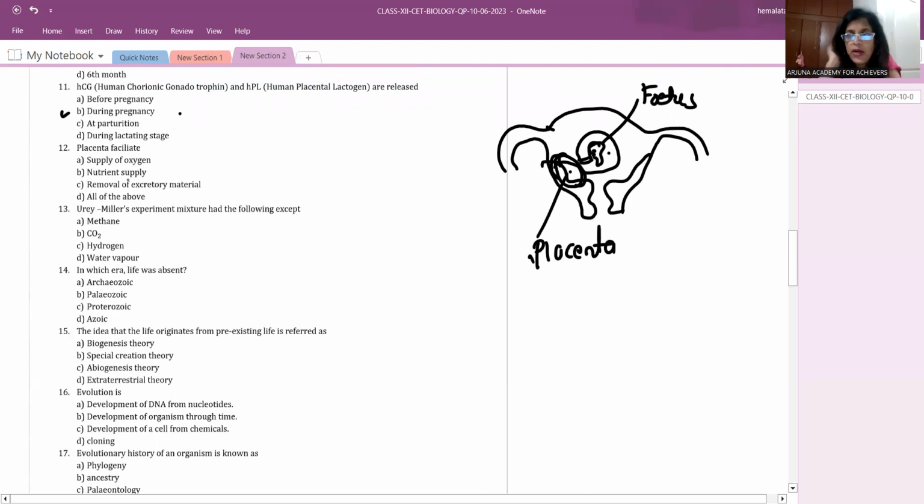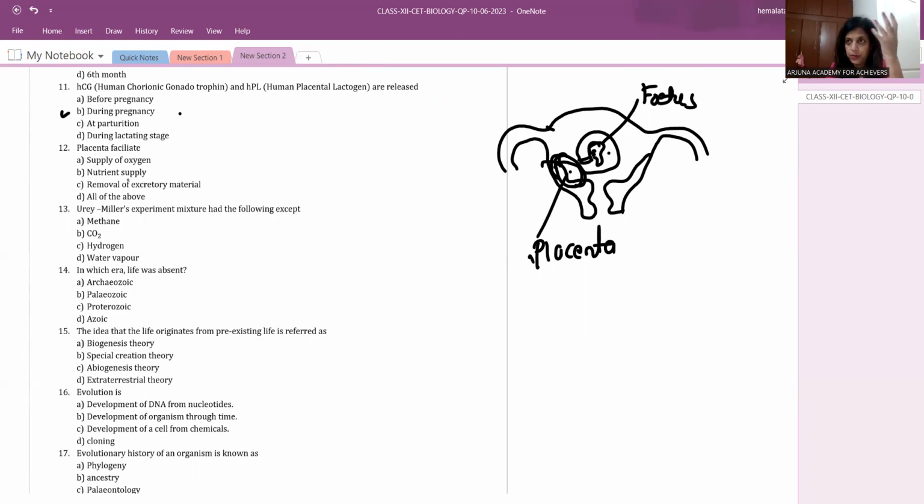Placenta facilitates what? I have already discussed the placental functions. It helps in the nutrition of the fetus and in the transportation of respiratory gases. It also acts like a kidney by removing nitrogen waste. It acts like an endocrine gland because it produces hormones like HPL and HCG.